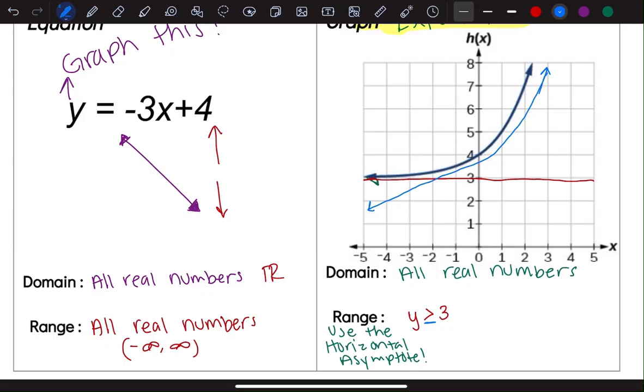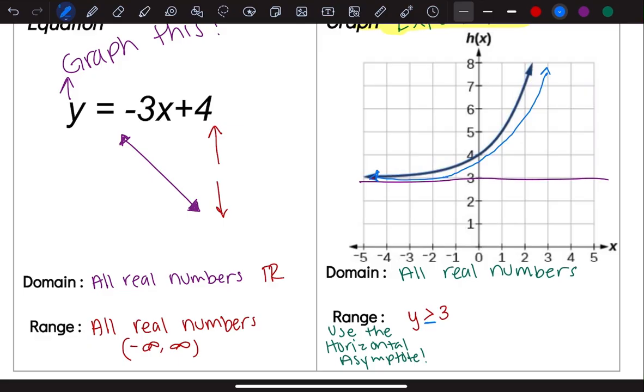You see how my blue line passed y equals 3? It doesn't have to touch on the y-axis, but this red line right here, this whole thing is y equals 3. So when my blue line doesn't actually cross it and it keeps on leveling out and it'll just ride right there, that's a horizontal asymptote. And that's the number I'm going to use for my range.